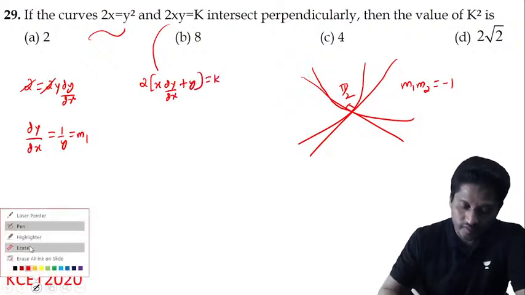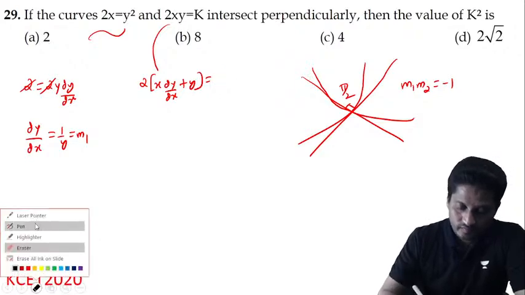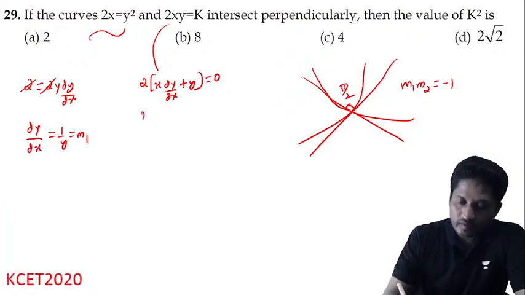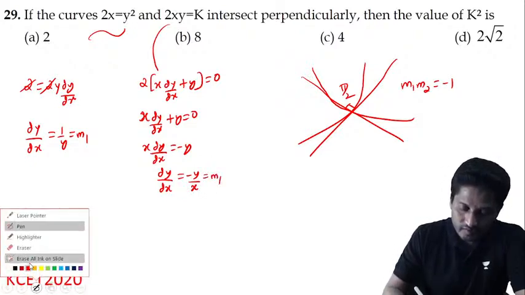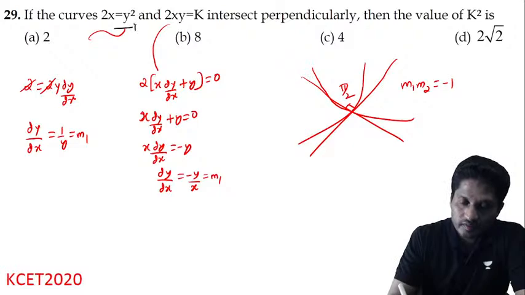Differentiation of k is 0. Now x into dy by dx plus y is equal to 0. If you shift it to the right side, x into dy by dx is equal to minus y. Now dy by dx is equal to minus y by x. This is m2. Let's call this equation 1 and this equation 2.